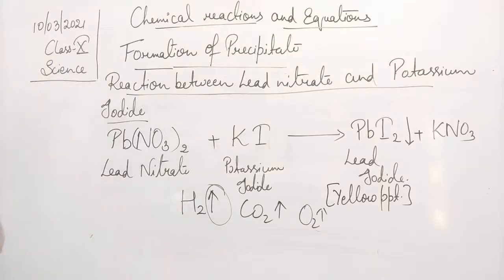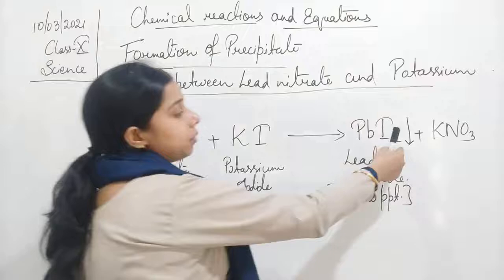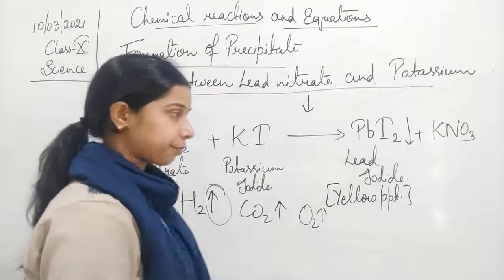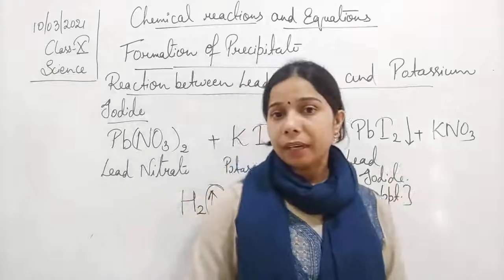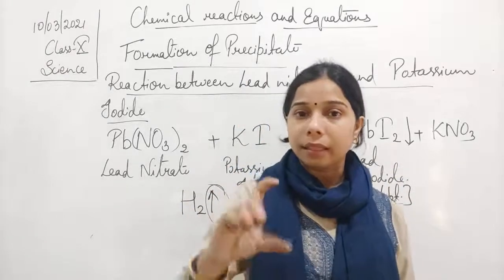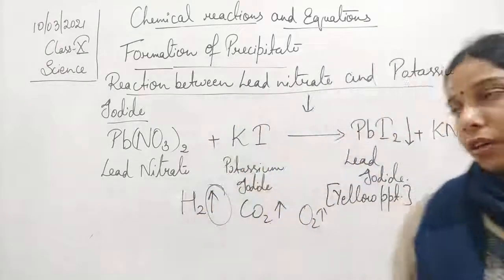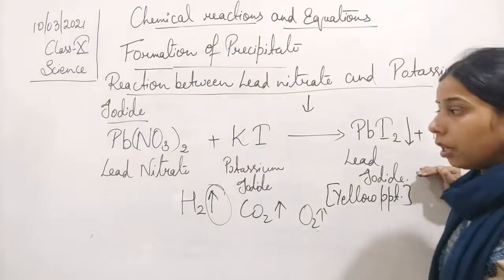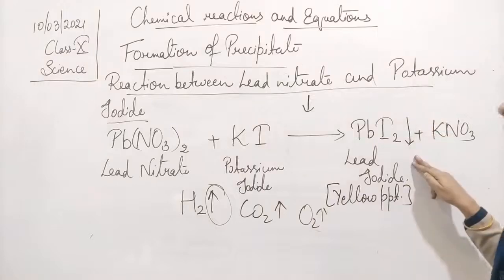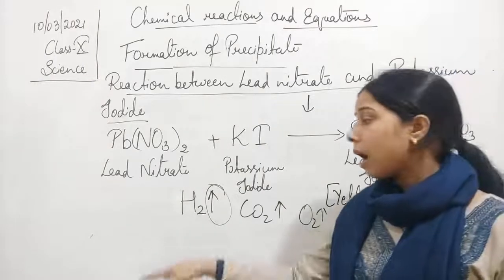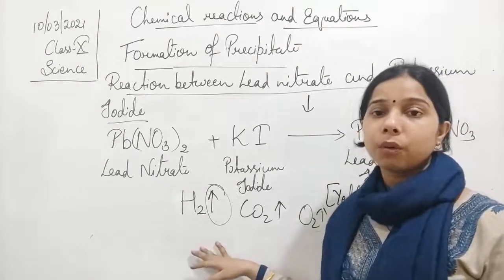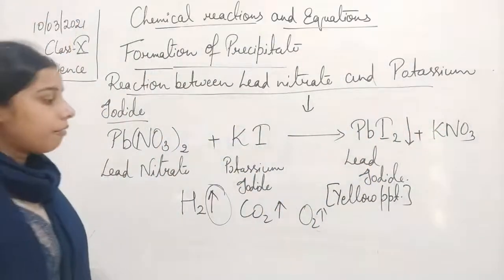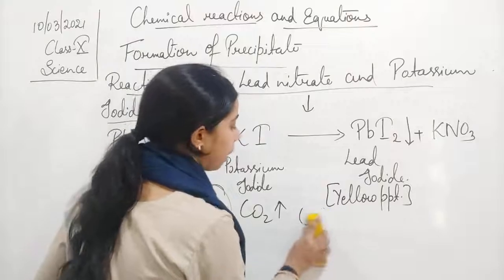And the arrow in the downward direction shows that whatever product is formed settles down at the bottom. That is the indication for a precipitate only. So for a precipitate we use a downward arrow, and for gas we use an upward arrow. Okay, so a yellow precipitate is formed.